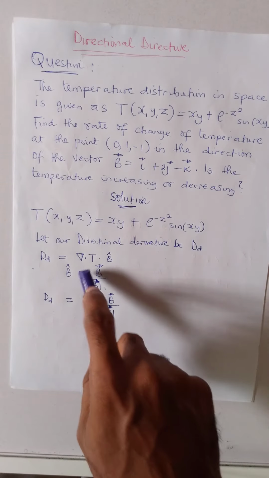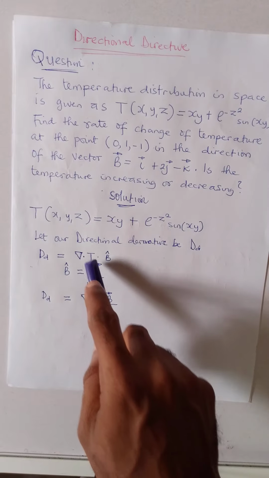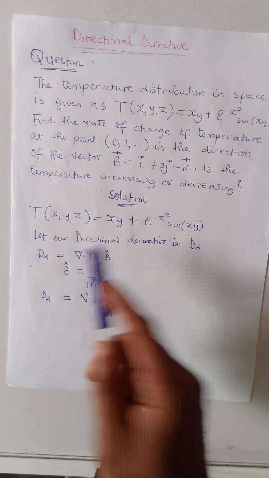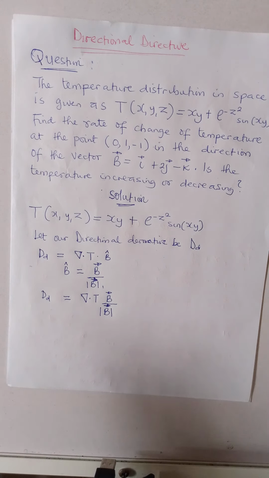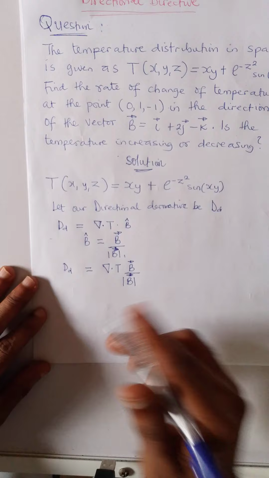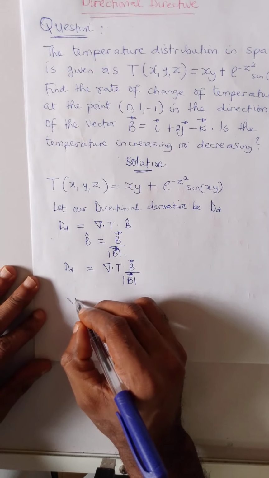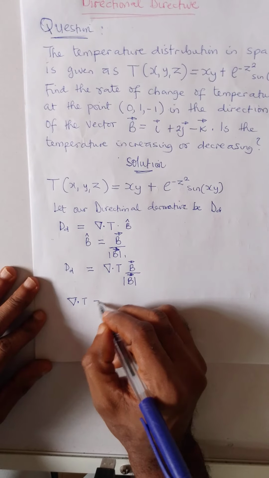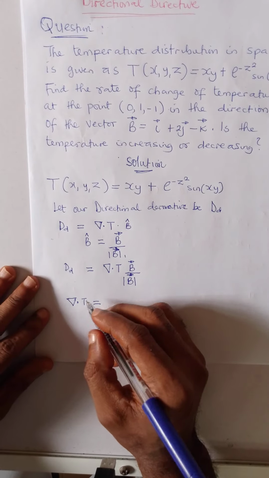And so we are going to have the operator of the temperature, because since we are considering temperature, that's why we're having the operator of the temperature. The operator means we are going to be differentiating partially with respect to the different axes, that is x, y, and z. So this is what the formula will look like.